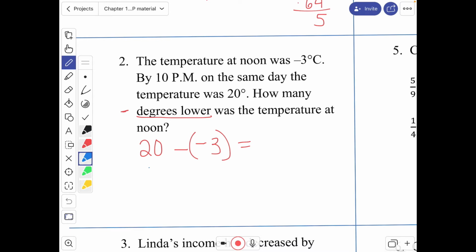And the rule is keep, change, opposite. So we're going to keep the 20, change that to plus, and the opposite of -3 is +3. And then 20 plus 3 makes 23. So it is 23 degrees lower.